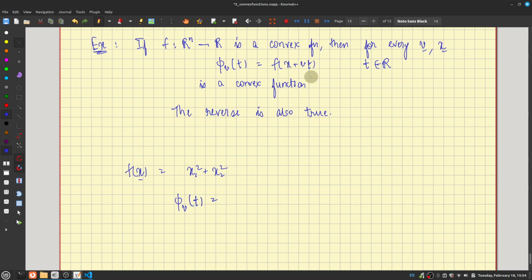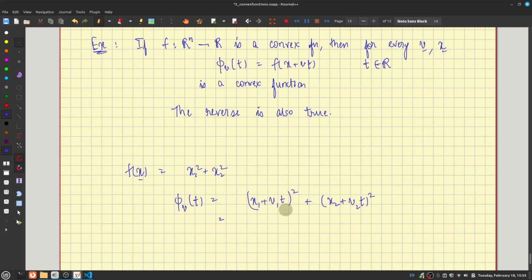This is f of x plus vt. Let's pick a particular v. In fact, even here, it is not necessary for v to be a unit norm vector. So this is x1 plus v1 t the whole square plus x2 plus v2 t the whole square, for some fixed x1, v1, x2, v2.